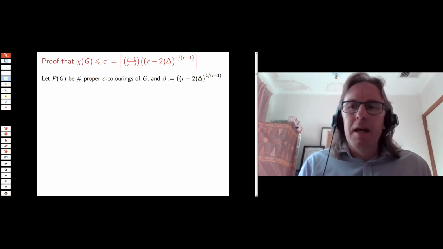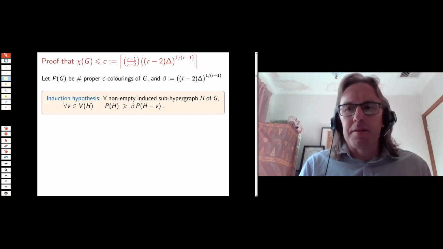Okay, so the next good idea of Rosenfeld is the induction hypothesis, and it's a clever idea. And here it is.